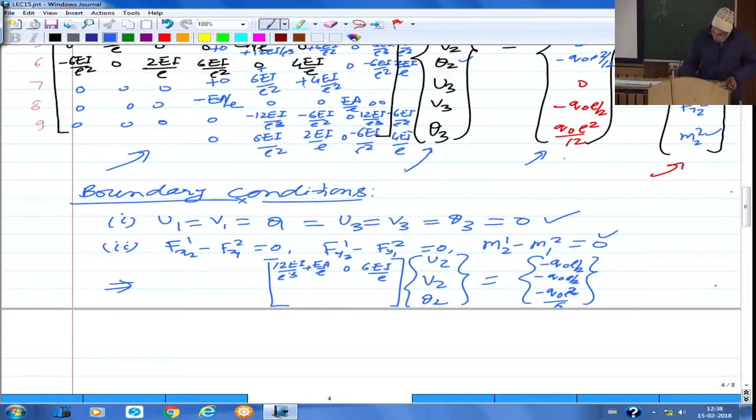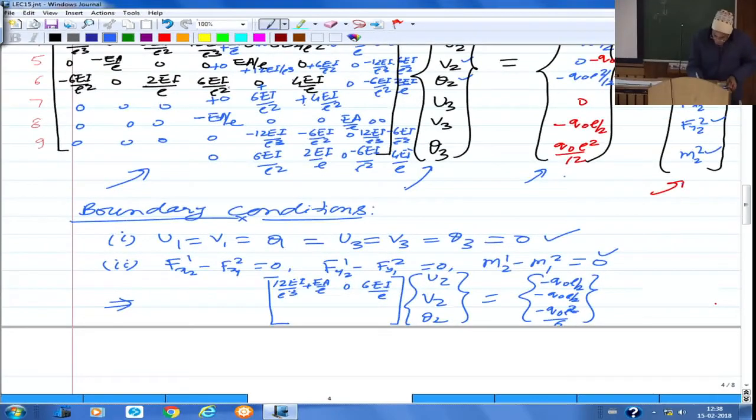Then similarly you take the 5th row here. The first term is actually 0, and the second term is same as this, because that is EA by L plus 12 EI by L cube. So essentially 12 EI by L cube plus EA by L, and then this is again 6 EI by L square.